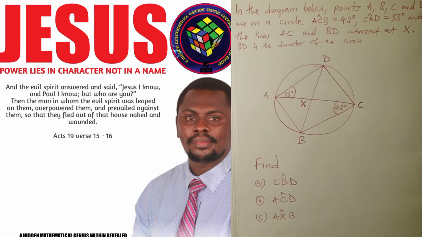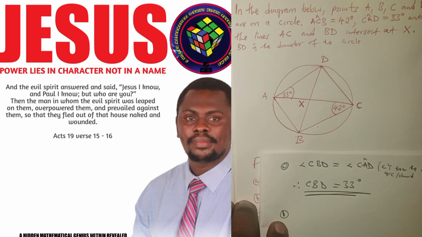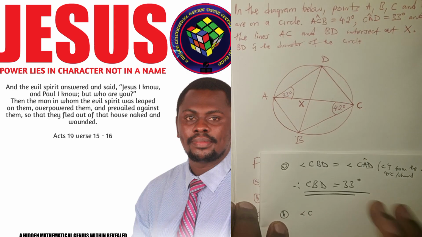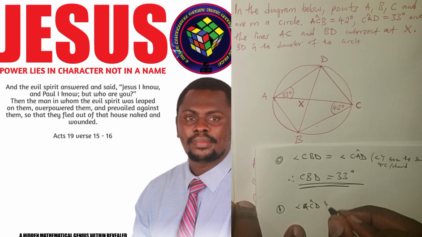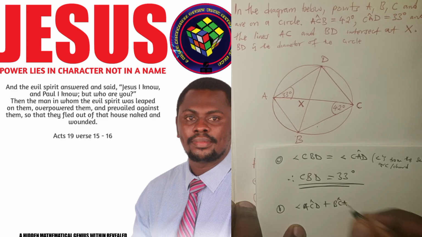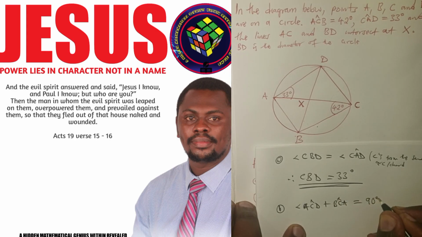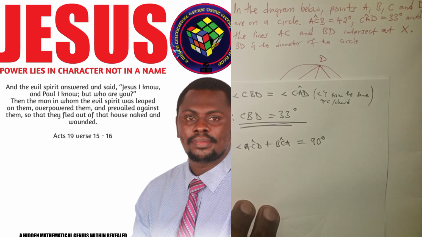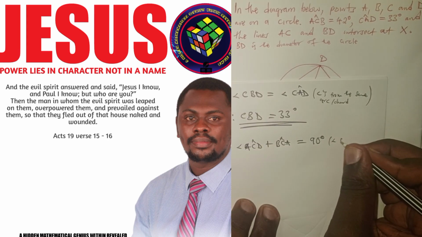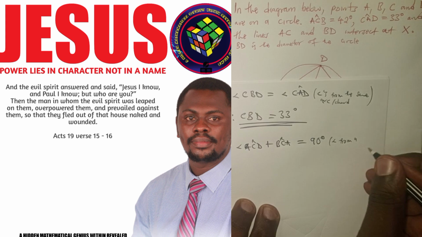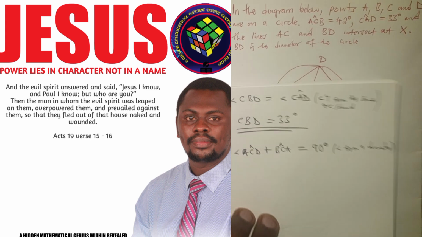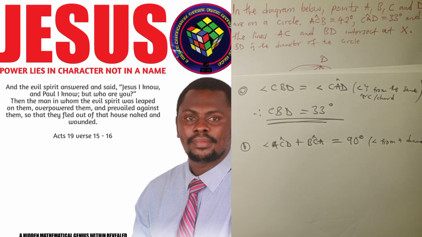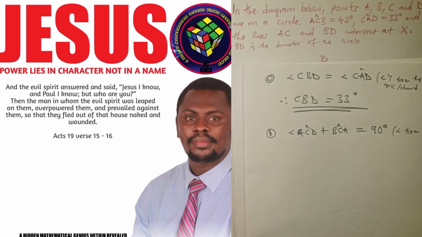Okay, so we'll say angle ACD plus angle BCA is equal to 90 degrees. So this is an angle from a diameter. Angles produced by a diameter are right angles, that is 90 degrees.